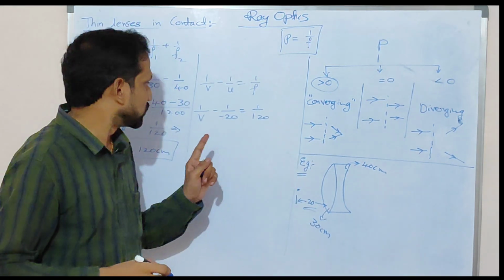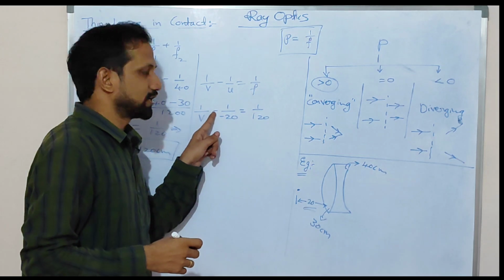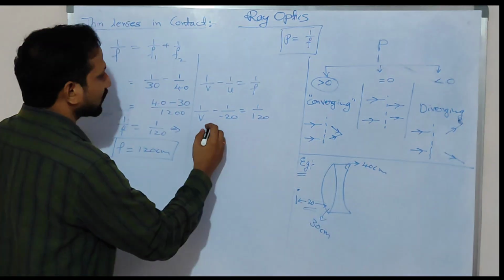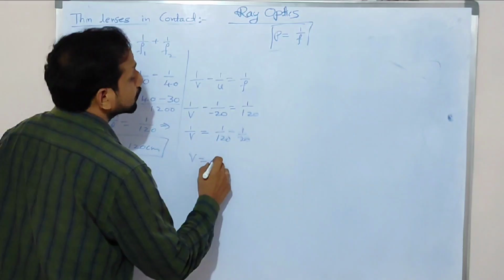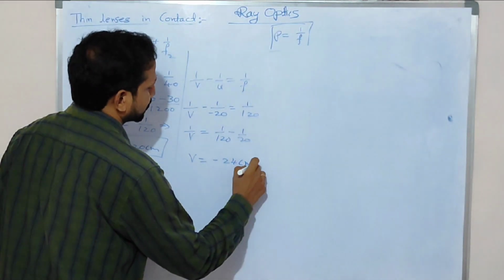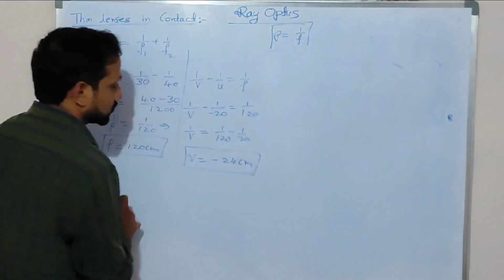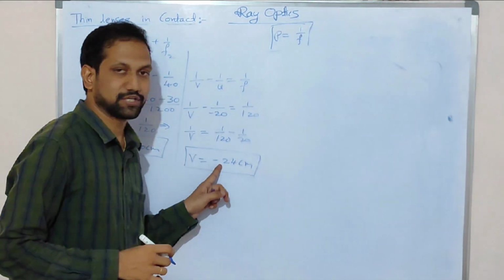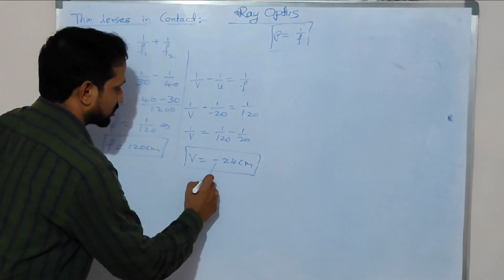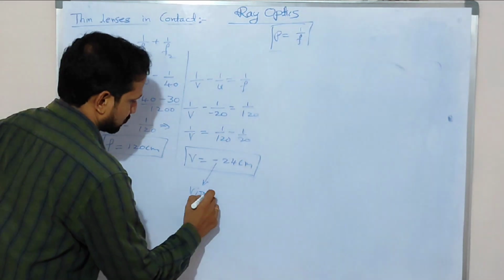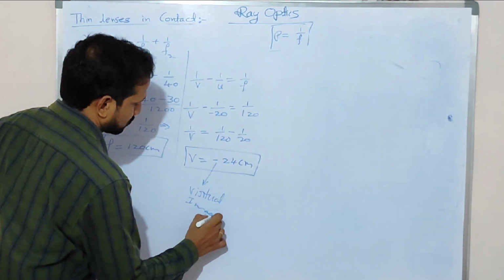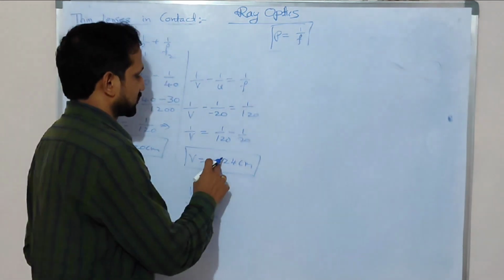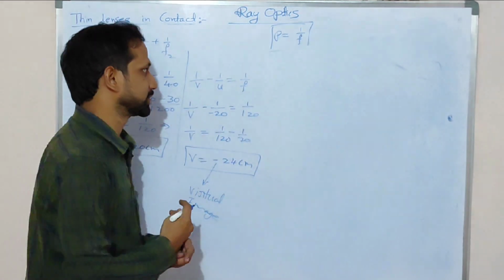So minus into minus will be plus, and again 1 by v equals, trust me, v will be minus 24 centimeters. So what is this minus meaning here? The image is a virtual image, and it is going to be behind the object.